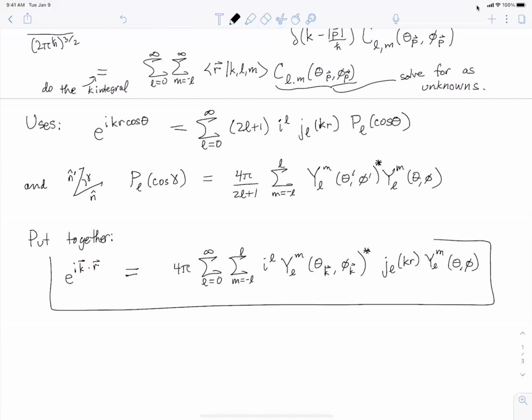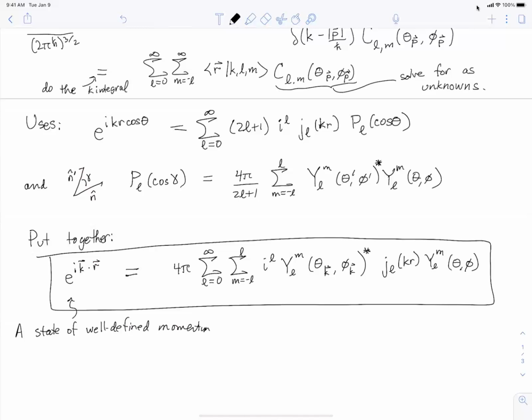Okay, so that's our formula that does what? Let's say in words what we're doing here. On the left, we have a state of well-defined momentum. Okay.